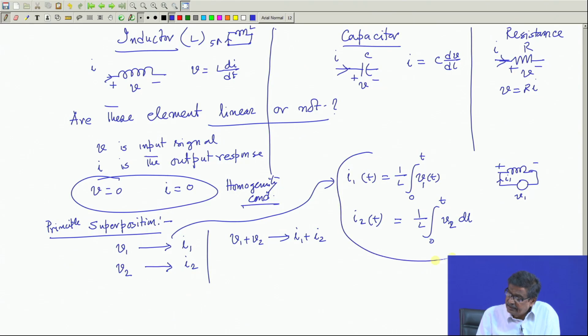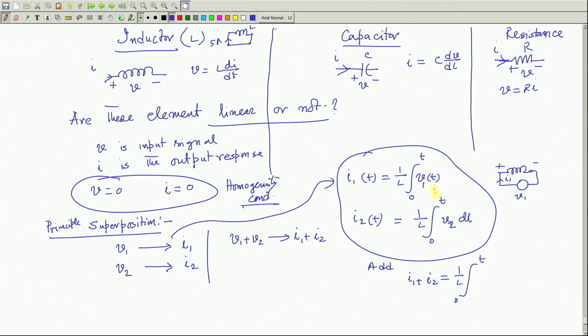Now, you just add these two equations, and you get I 1 plus I 2 will be equal to 1 over L, 0 to t, and these two will add up. But this current I 1 plus I 2 will be the current when you have applied V 1 plus V 2. So, when you apply V 1, current is I 1, when you apply V 2, current is I 2.